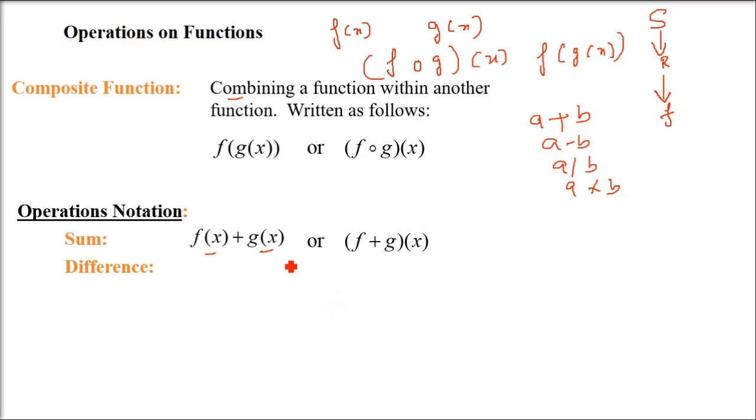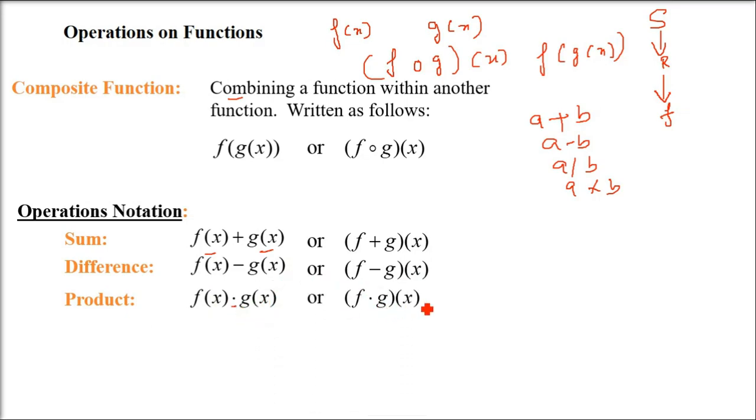Differences, the subtraction. This is how you write the sum and this is how you write the difference: f(x) minus g(x) or (f−g)(x). Product is the multiplication, dot in between, f(x)·g(x), or you can also write it as (f·g)(x). This is how you write. The thing remains the same. You actually multiply these two.